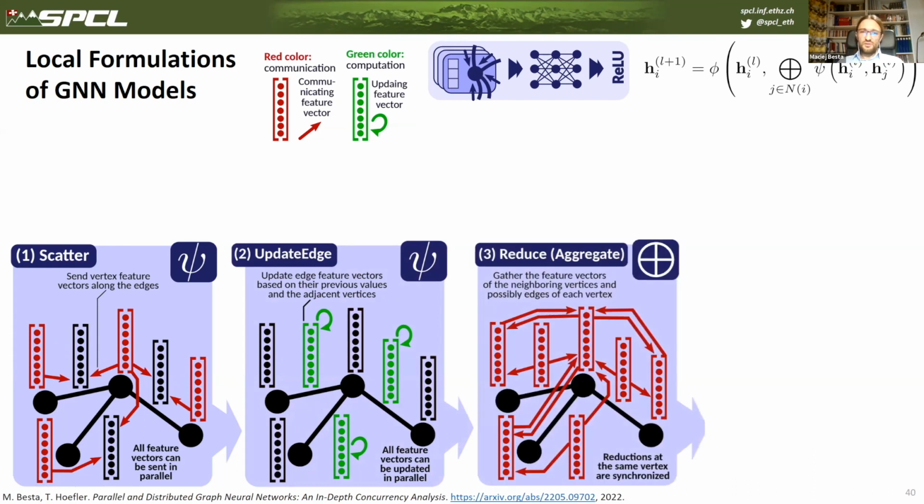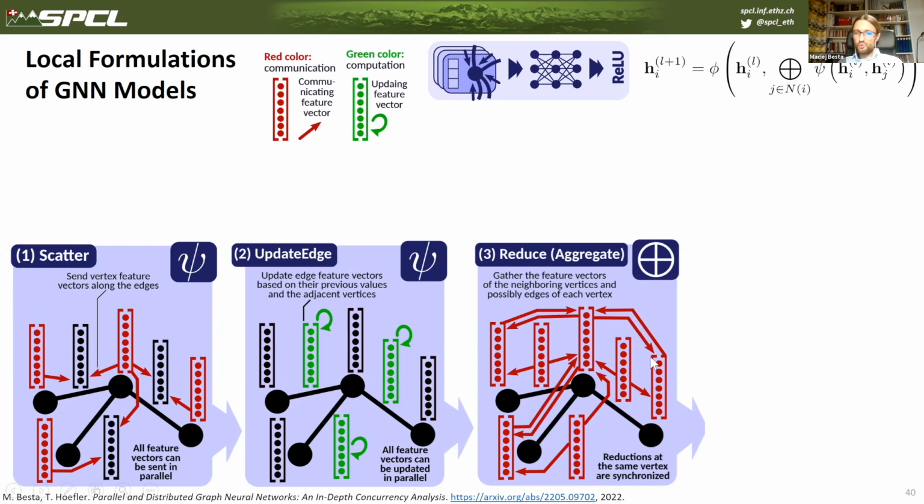In the third phase, the reduce, also called the aggregation phase, we are now gathering the outcomes of the previous phase, and also the previous edge feature vectors, and reducing them across the edges, right? So for example, for this one vertex here on the right side, we only need to grab the single feature vector of the corresponding adjacent edge, but also of its adjacent neighboring vertex.